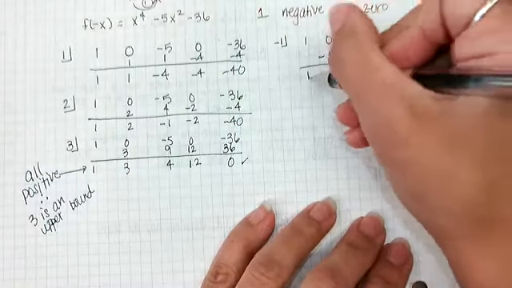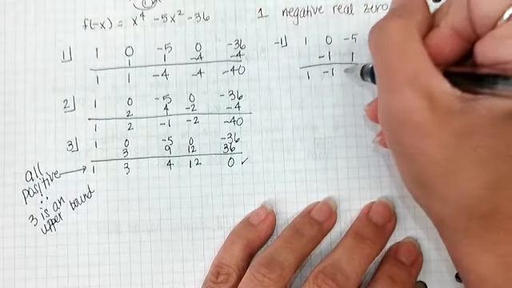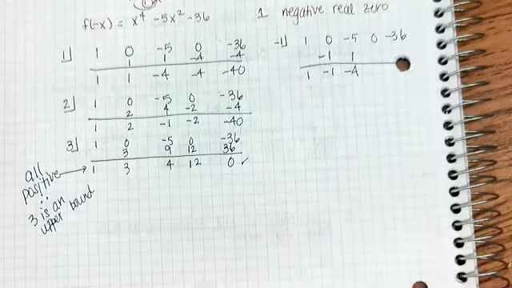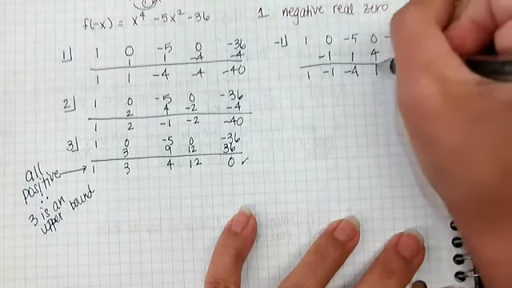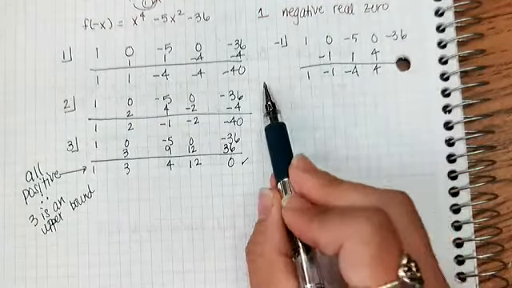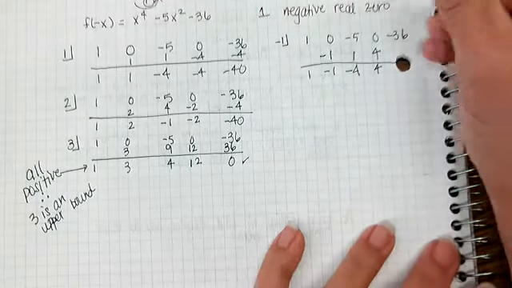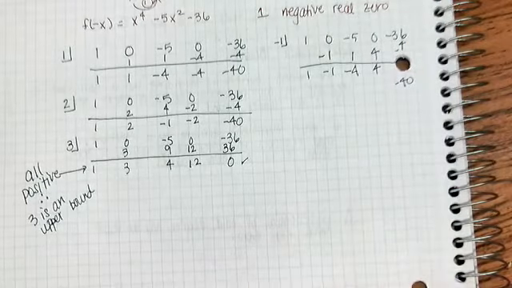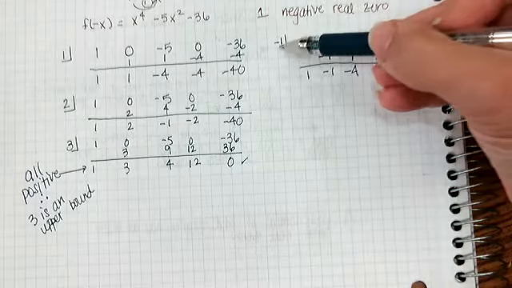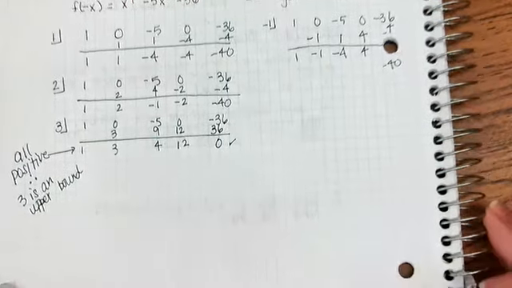Okay, this is good. Alternating. -1 times 1 is 1. Oh, not alternating. So I know that my lowest 0 is lower than -1. That's what that means by the lower bound theorem. They need to alternate, plus, minus, plus, minus. This is -4, -40. So not only is -1 not a 0, it's not a lower bound.